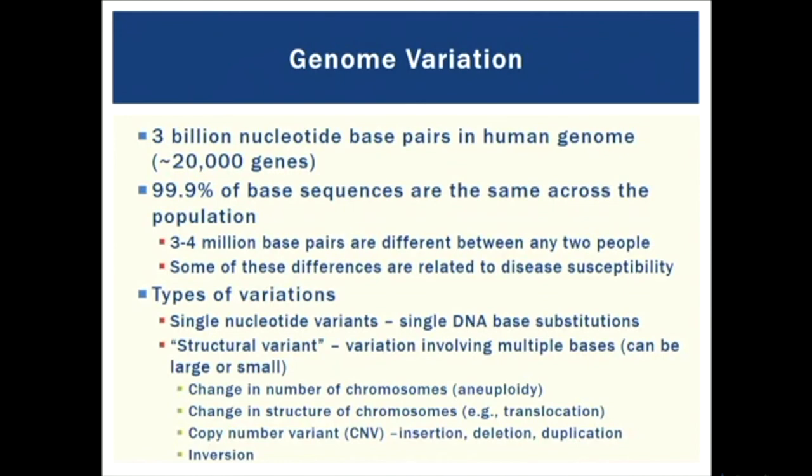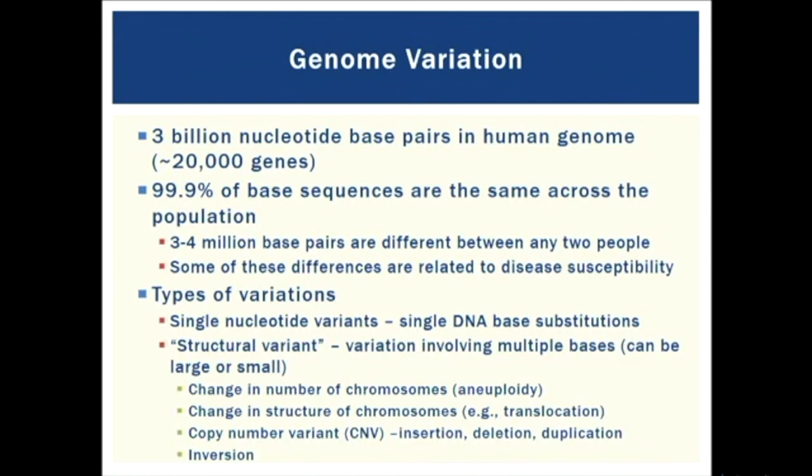So there are 3 billion nucleotide bases in the human genome, about 20,000 genes, a much smaller number than we thought about 20 years ago. And 99.9% of these base sequences are the same across the population.